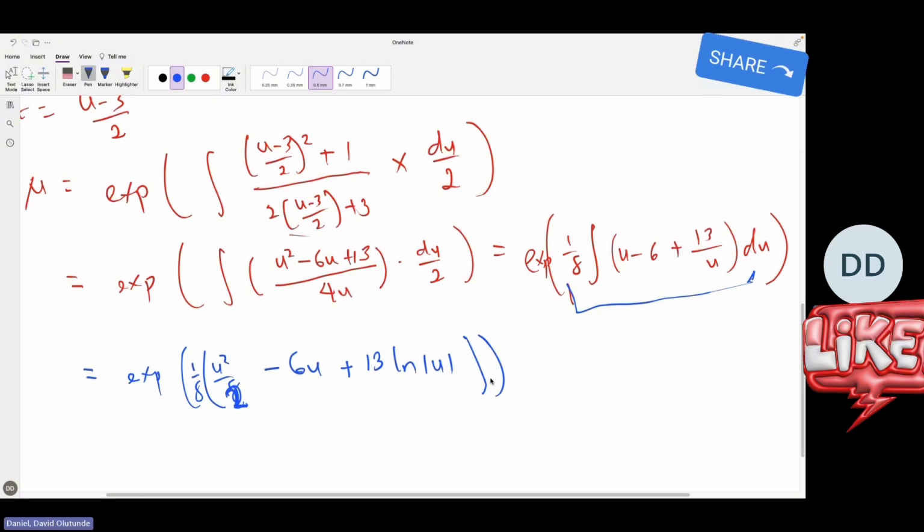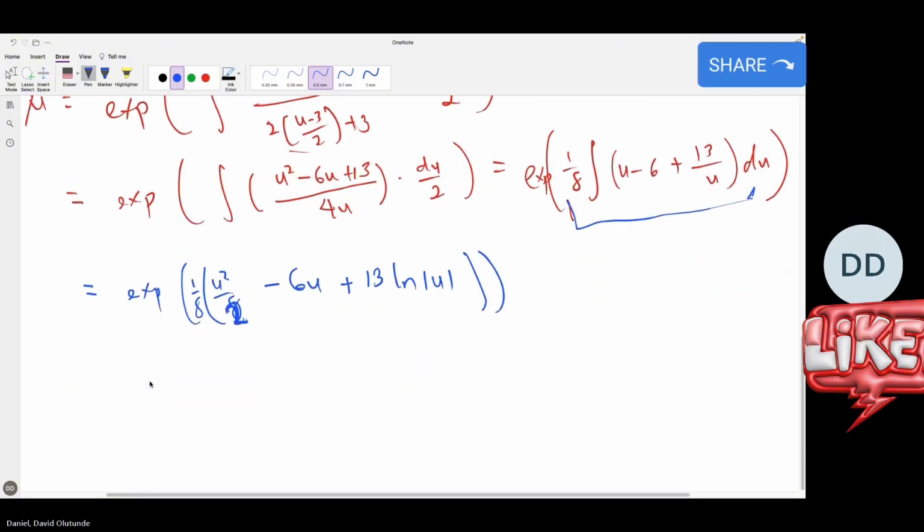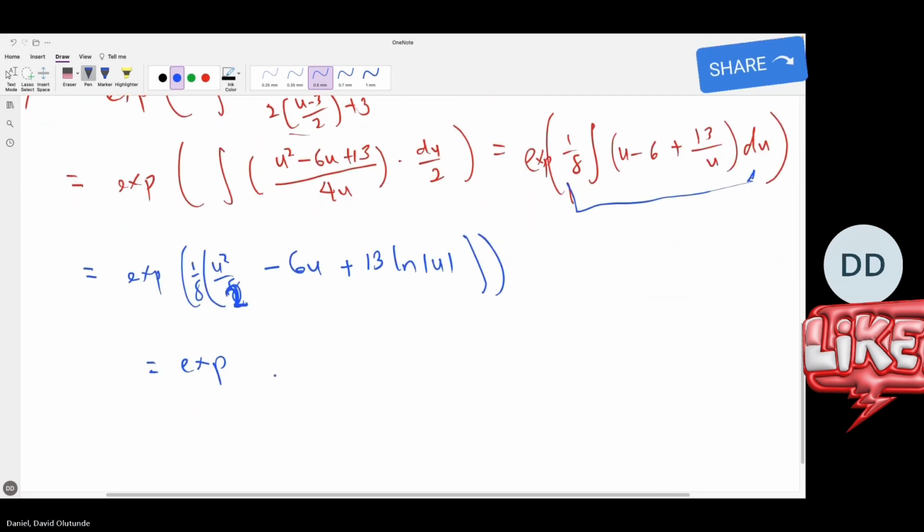So we get that, and then you can expand. This will give you exponential of what?